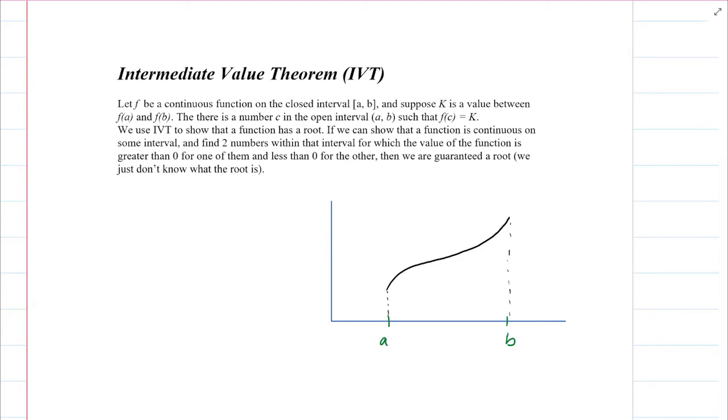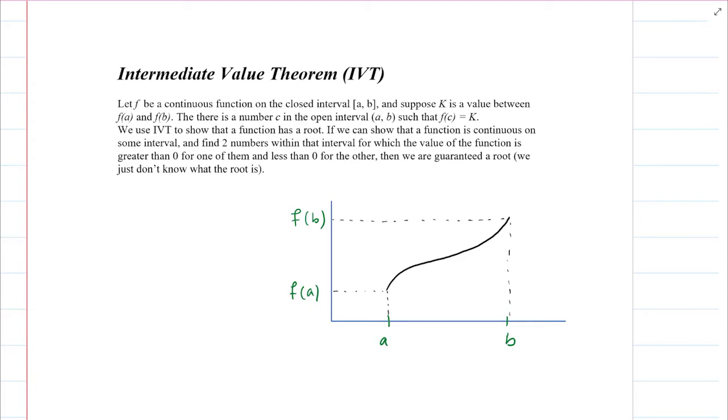Right here at a, I have f of a, and then I have b, and then I have f of b. Again, the function is continuous, doesn't have to be positive, it's continuous between a and b, and the values at a and b are f of a and f of b.